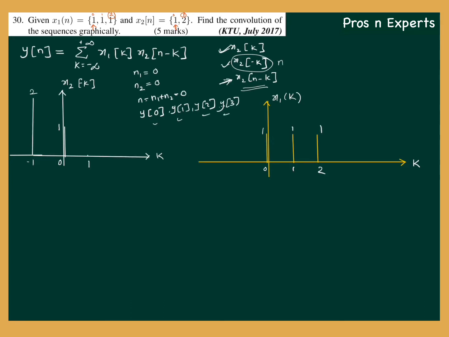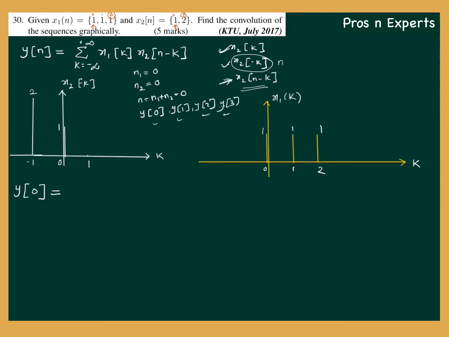Okay, so as a first step, let me write the expression. The first sample to be obtained is y of 0. From this equation, what is y of 0? Put n equal to 0, right? y of 0 can be evaluated from y of n by putting n equal to 0.